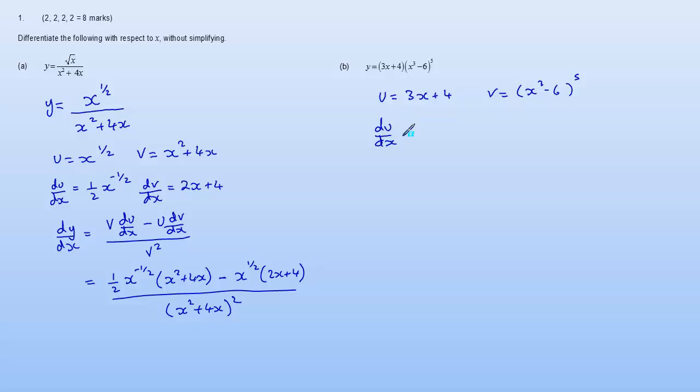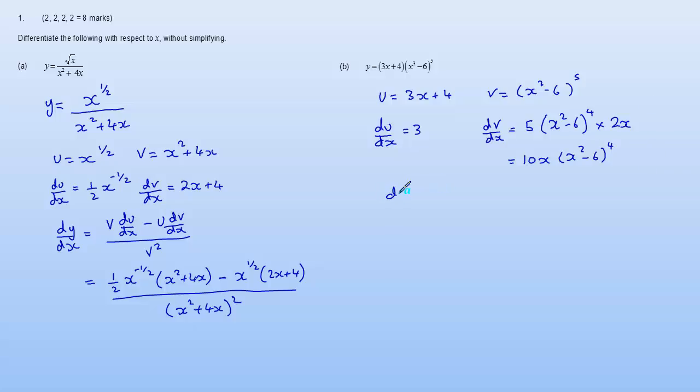Du dx is easy enough, that's 3. dv dx is going to be, differentiate the outside function, 5 x squared minus 6 to the 4, multiply by the differential of the inside function. So overall that's 10x, x squared minus 6 to the 4.